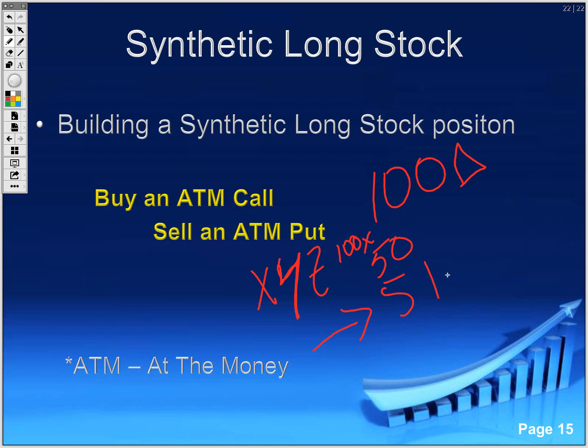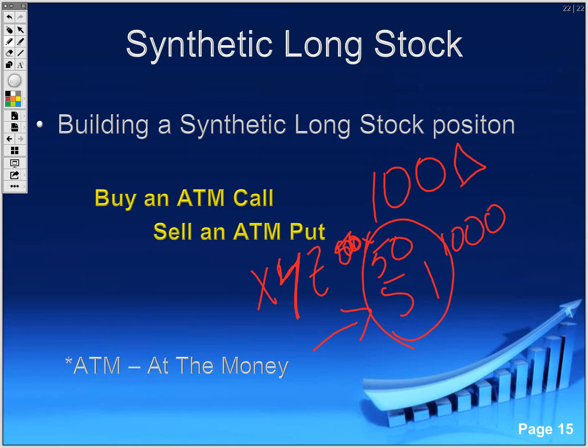All right. So if it goes up by $1, that's 100 delta. If you only had 50 stock on, then it would be 50 delta. If you had 1,000 stock on, then it would be 1,000 deltas. Okay. But it's all assumed that when we're talking about XYZ stock, we're working in increments of 100. Okay. So we are looking to build this out to where we have 100 deltas and make that equivalent to 100 of the underlying, okay?